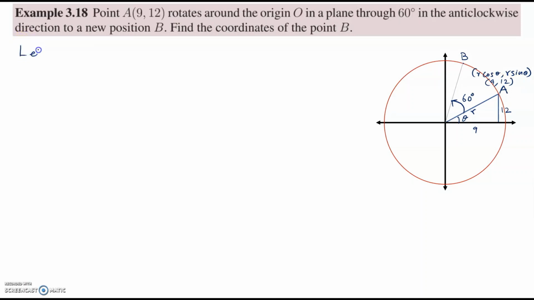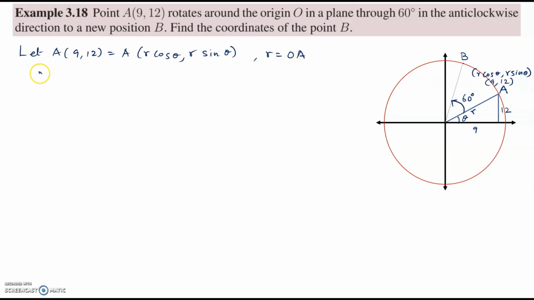Let A, which is the point (9, 12), be equal to (r cos theta, r sin theta), and r is equal to OA.